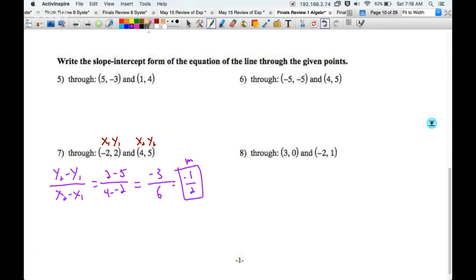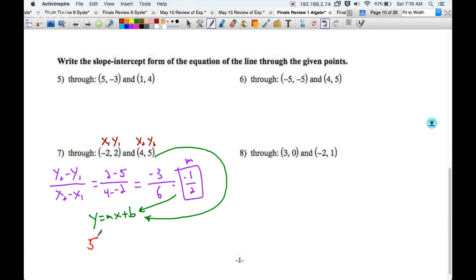Now that I've got the m, I'm going to write out y equals mx plus b. Then I'm going to borrow one of these points. I'll pick the 4, 5 to help me solve for b. So I'm going to use that m value and 4, 5 to solve for b.